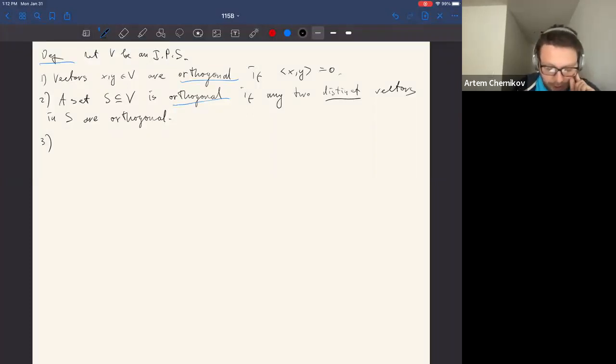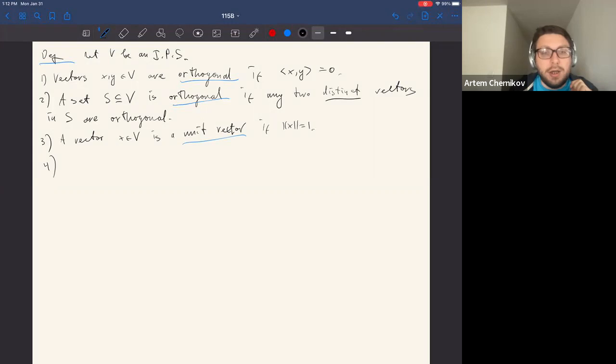Now we can also talk about vectors of unit length. So a vector x in V is said to be a unit vector if we have that the norm of x is 1. Okay.